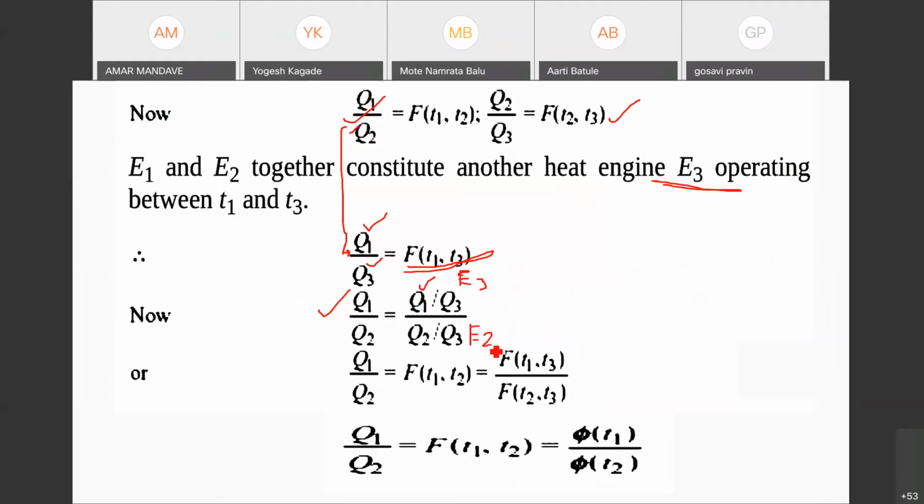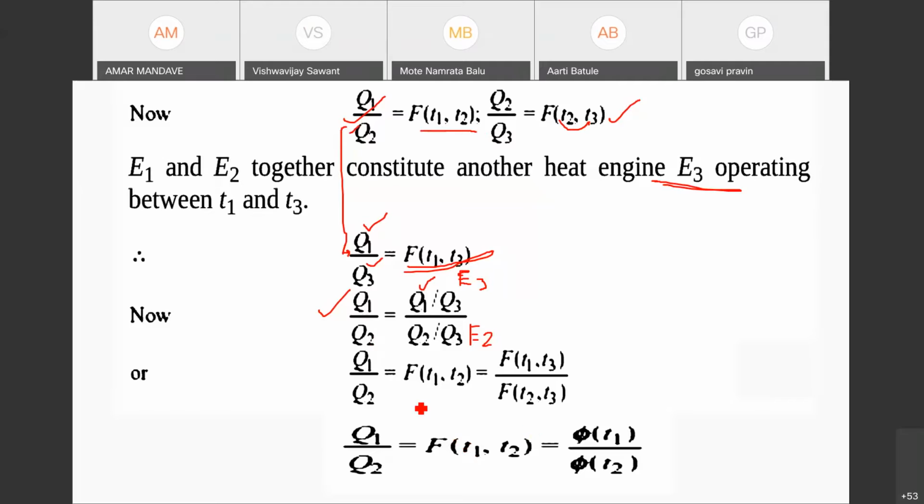So again, instead of Q1 and Q3 and Q2 and Q3, we can write this: this is the function of T1 and T3, and this is the function of T2 and T3. And already we know Q1 upon Q2 is a function of T1 and T2. So we are just arranging those terms into the equation.